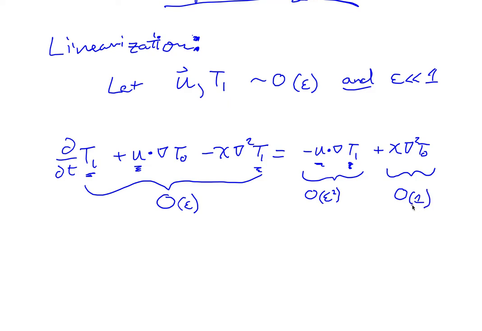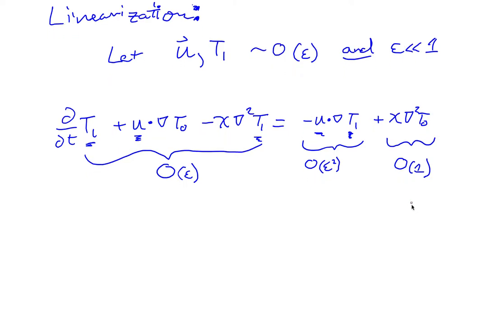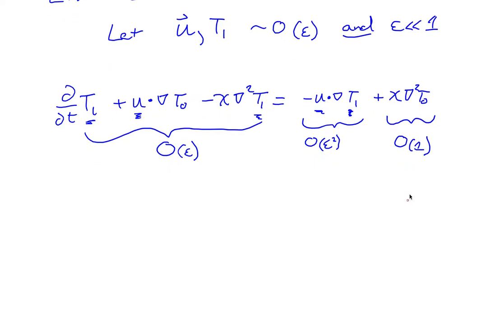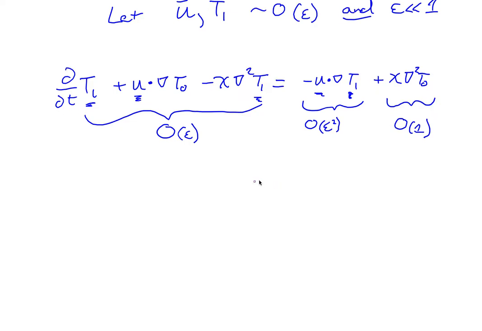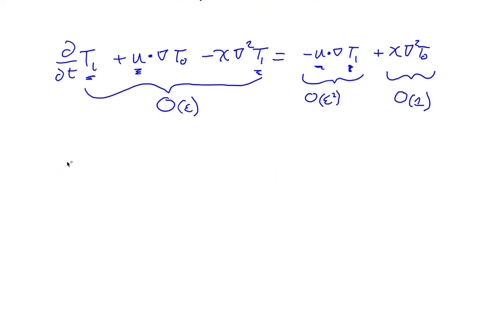All right, so in classic perturbation analysis, what we would do now is grab our different ordered terms and write out our order equations. So let me do this for you now. We'll start with big. We'll have our order 1 equation, and our order 1 equation is that chi del squared t0 is our order 1 term. There are no other order 1 terms in the system, so chi del squared t0 is equal to 0.